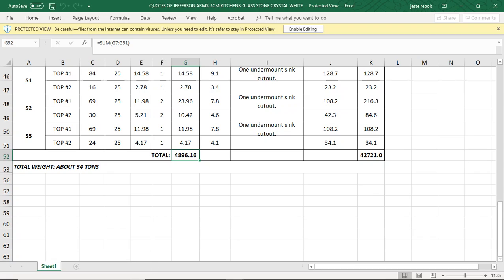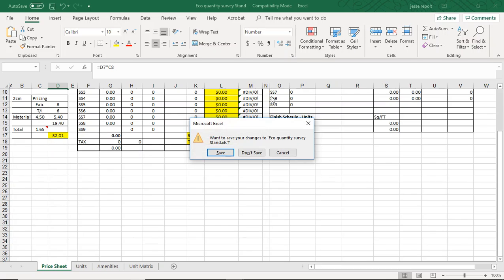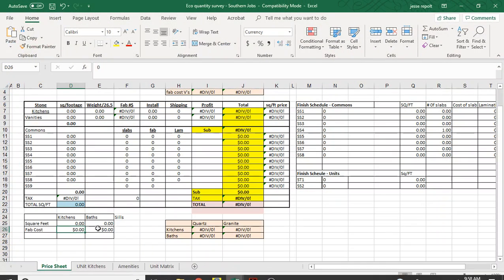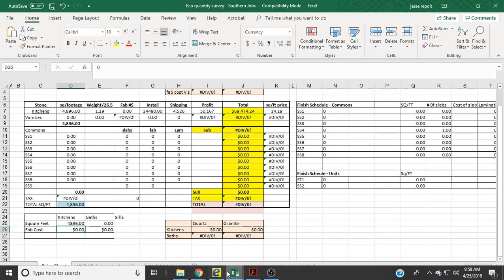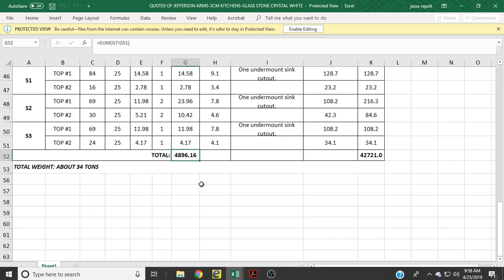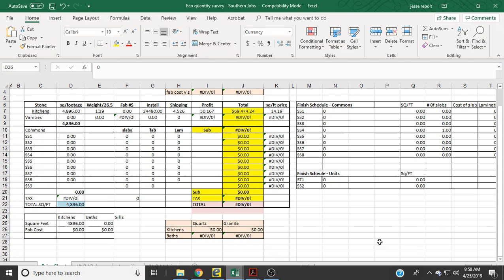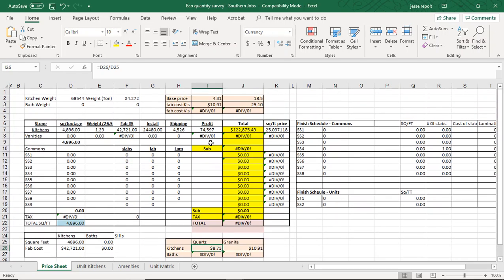So we take 48.96, square foot 4896, and his fabricated cost is 42,721. That automatically gives me the square foot cost, which automatically calculates up here and gives me a square foot price of 25.10.